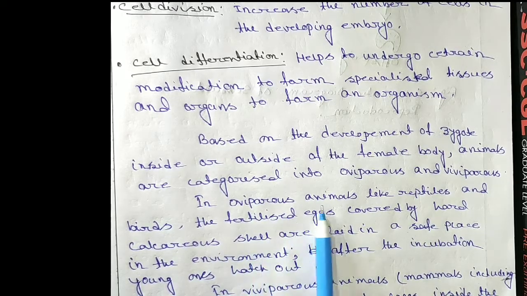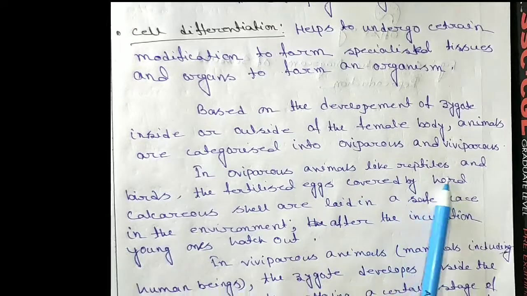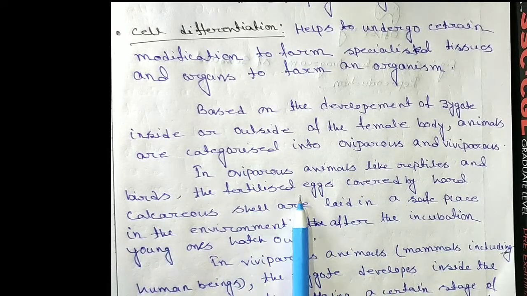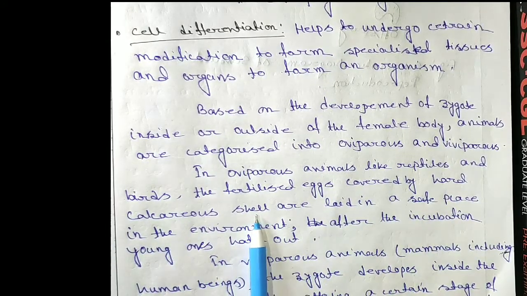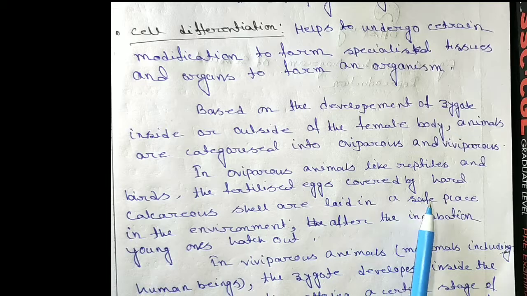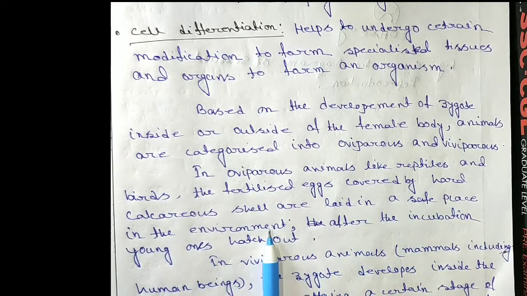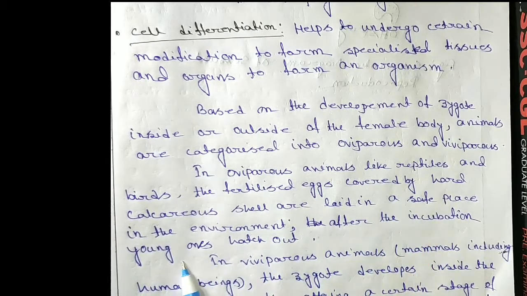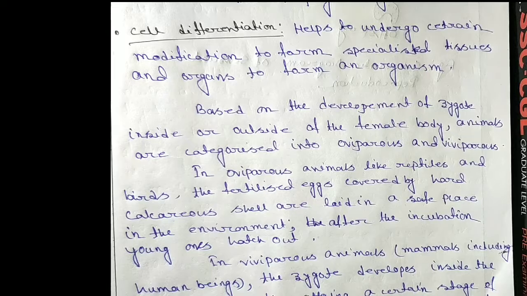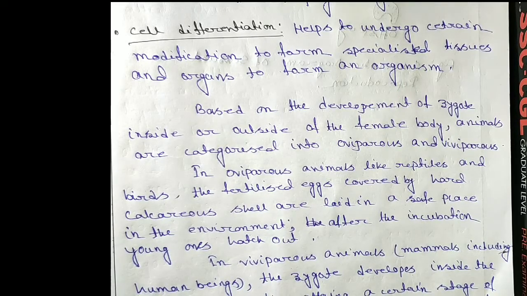In oviparous animals like reptiles and birds, the fertilized eggs covered by a hard calcareous shell are laid in a safe place in the environment. After incubation, the young ones hatch out. That means in oviparous animals, the female lays eggs outside the body, they are incubated and the young ones hatch out.